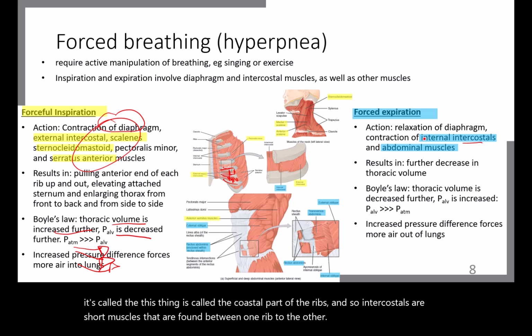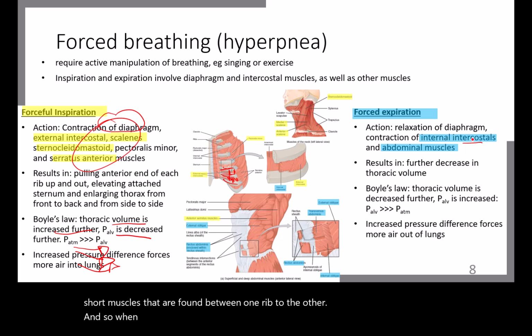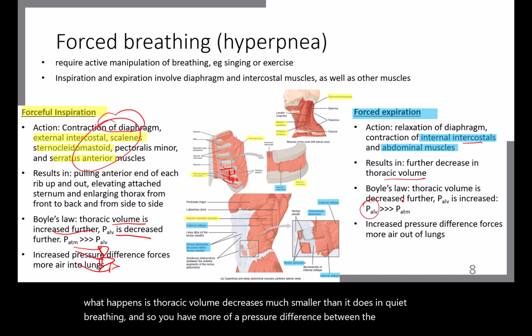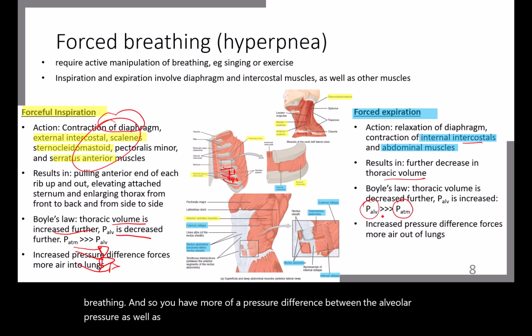And so when the internal intercostals contract and the abdominal muscles contract, what happens is thoracic volume decreases much smaller than it does in quiet breathing. And so you have more of a pressure difference between the alveolar pressure as well as the atmospheric pressure.